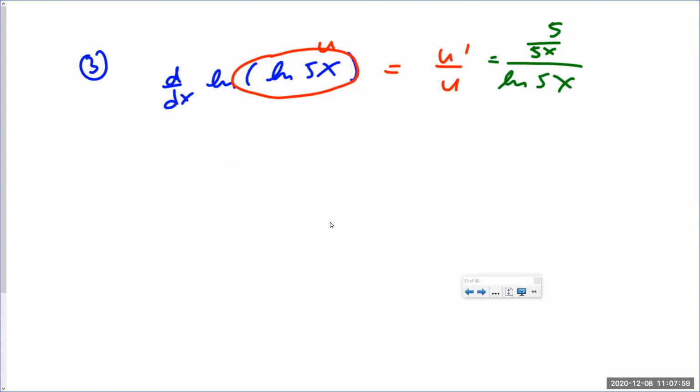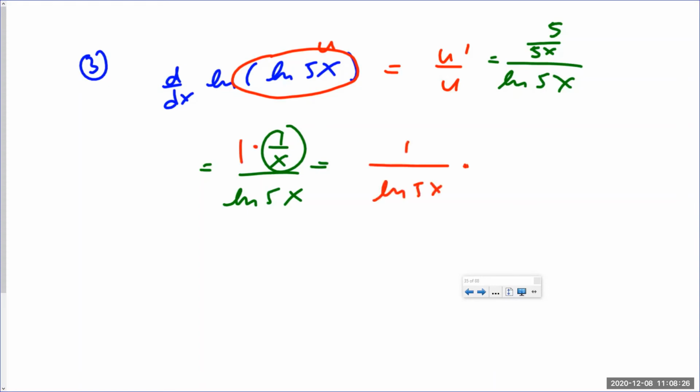You can simplify it a little bit. Do you see the 5's cancel? So this is really 1 over x, over ln of 5x, okay? And guys, what did I tell you about numerators? When you have numerators, what can they do? They can bounce out, okay? They can't go to the denominator, but they can bounce out. So if this bounces out, and remember there's a 1 here. Remember, everything's always multiplied by 1. So this is 1 over ln of 5x times, bounce the 1 over x out, 1 over x.